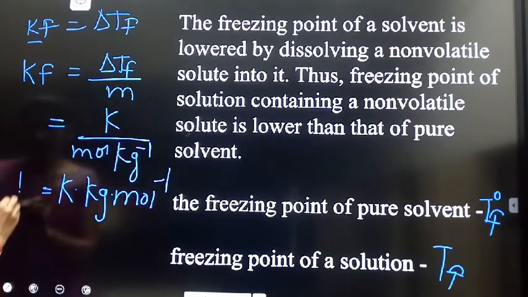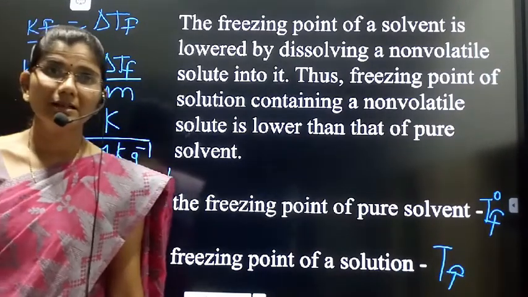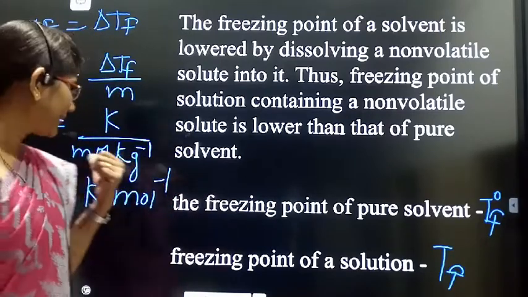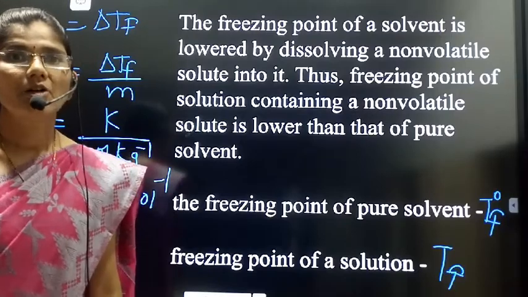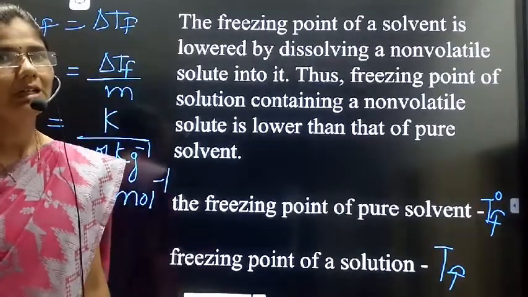So the units of Kf and Kb are the same. Kb is called the ebullioscopic constant and Kf is called the cryoscopic constant.